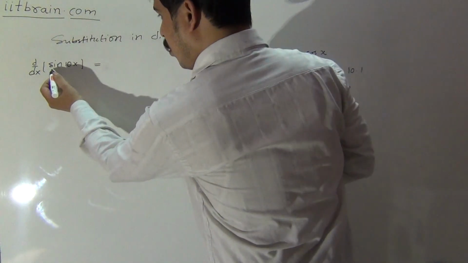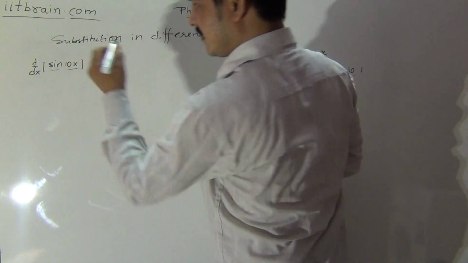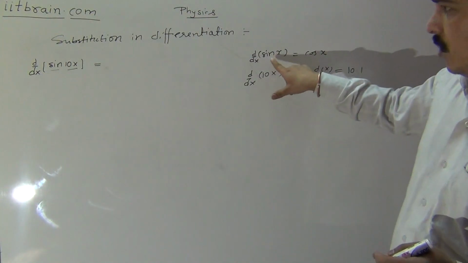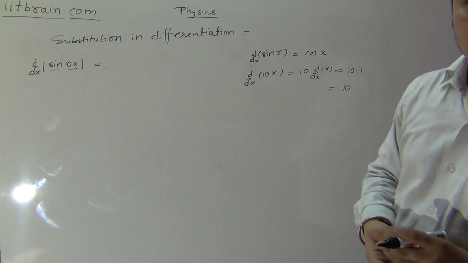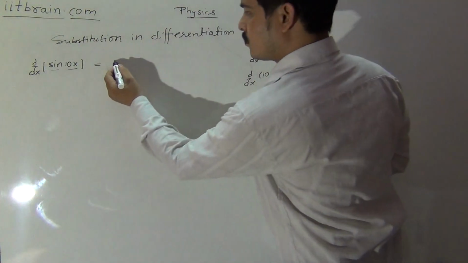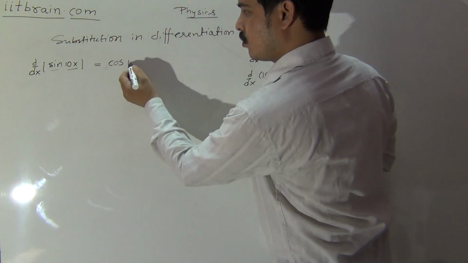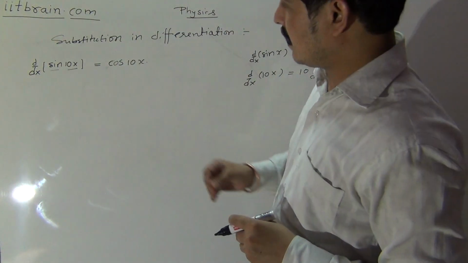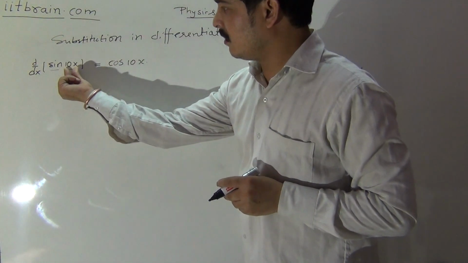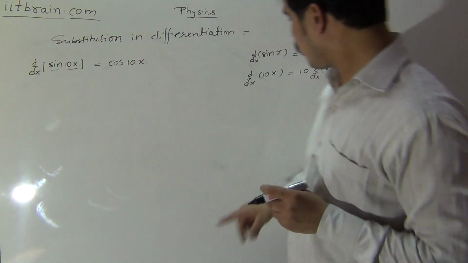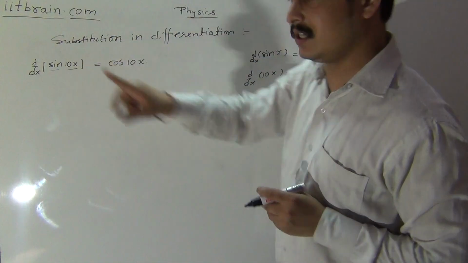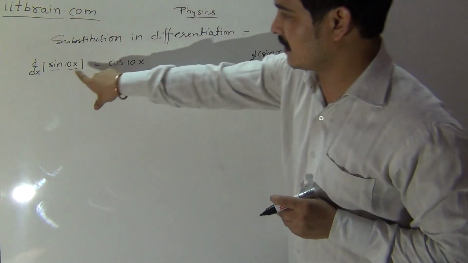So for differentiating sin tan x, we will use the formula of sin x. We know that the differentiation of sin x is cos x, so differentiation of sin tan x will be cos tan x. That is cos tan x. But in differentiation there is a rule that if any other term, you know the formula of sin x, and here the problem is sin tan x, it means x is replaced by tan x.